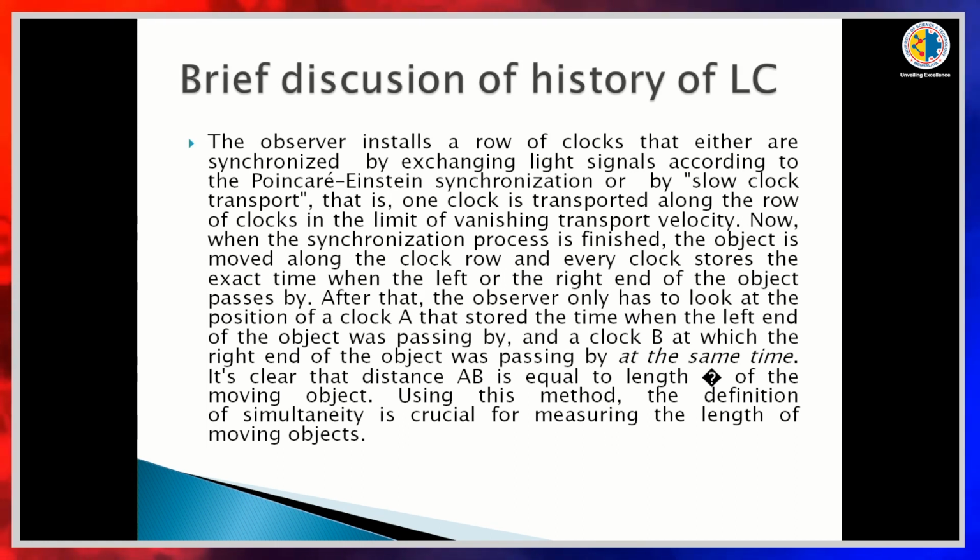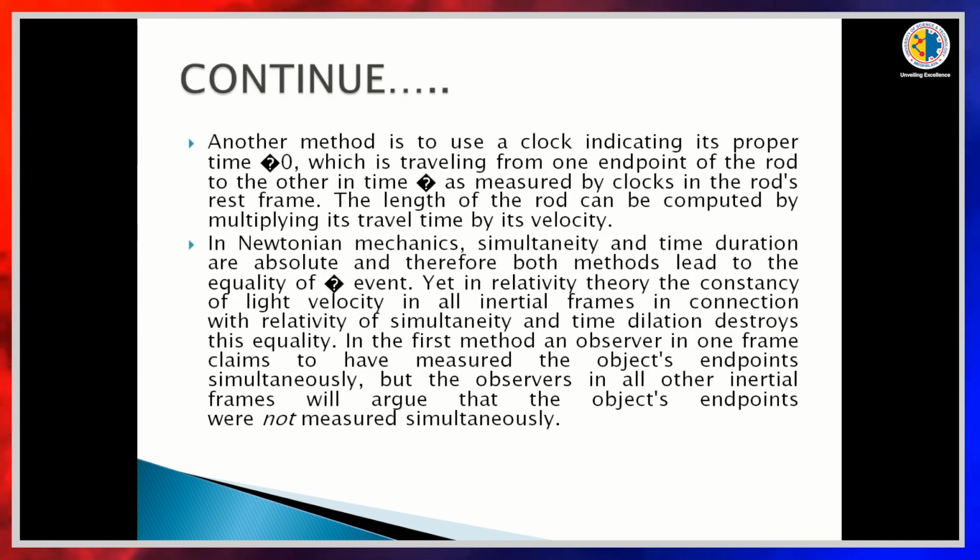Using this method, the definition of simultaneity is crucial for measuring the length of a moving object. Another method is to use a clock indicating its proper time, which is travelling from one endpoint of the rod to the other. Now, it is another question how we measure the proper time.